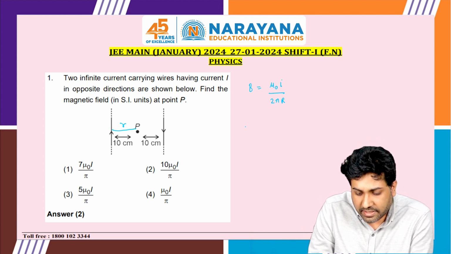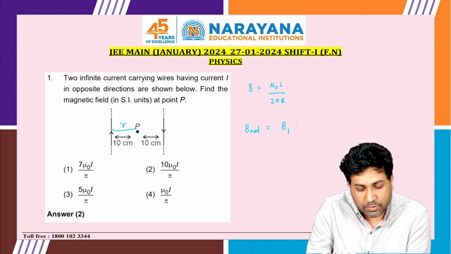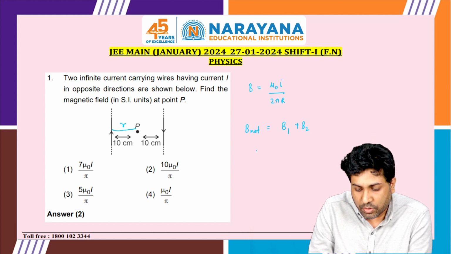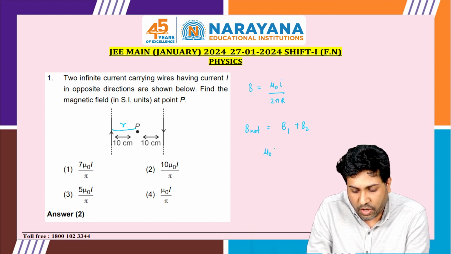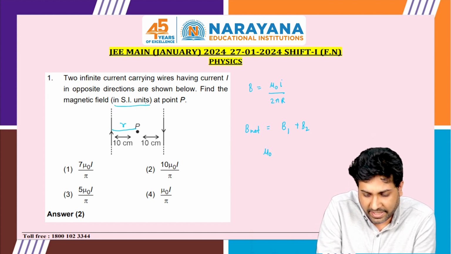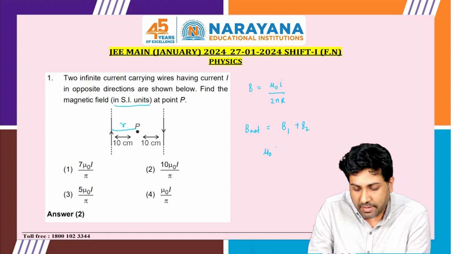So I will write the net field B net is equal to the field due to the first wire plus the field due to the second wire. Remember they have asked in SI unit, so I have to convert centimeter into meters.